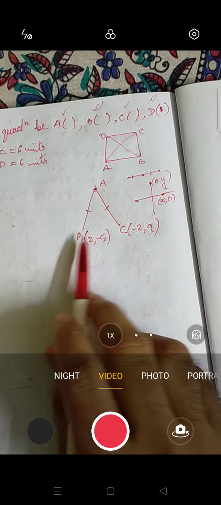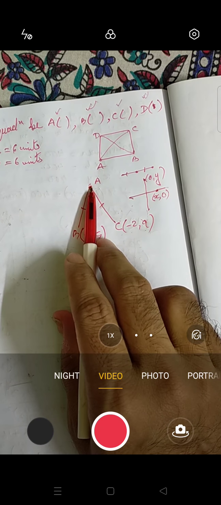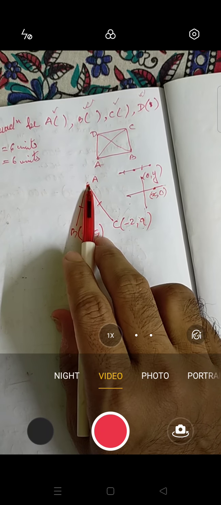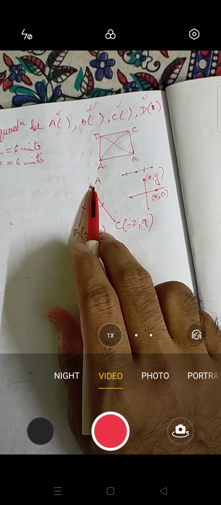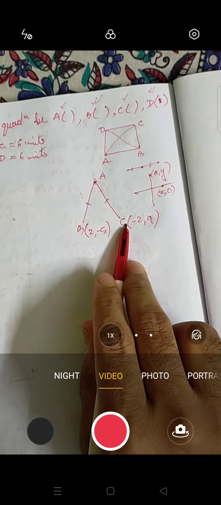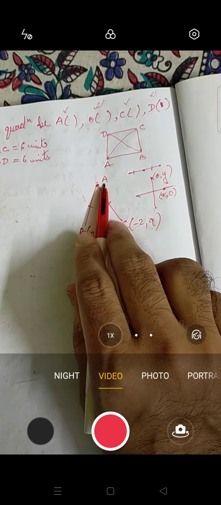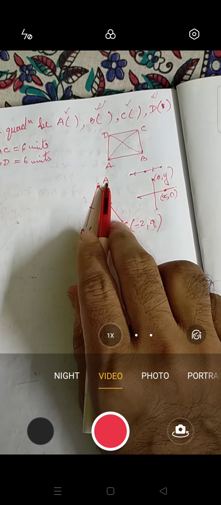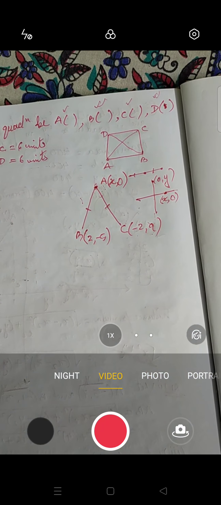In the question it is said to find a point on the x-axis which is equidistant from these two points. That means this A is at equal distance from B and C. Is it clear? But we don't know the coordinates of A. In the question it was said to find the point on the x-axis, it means this will be x comma 0. Is it clear?